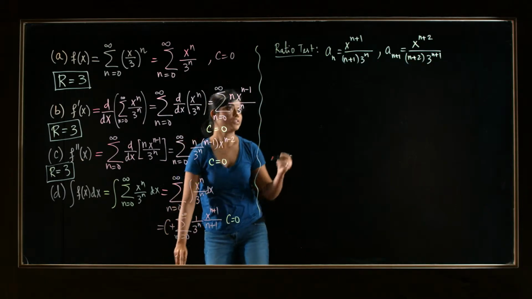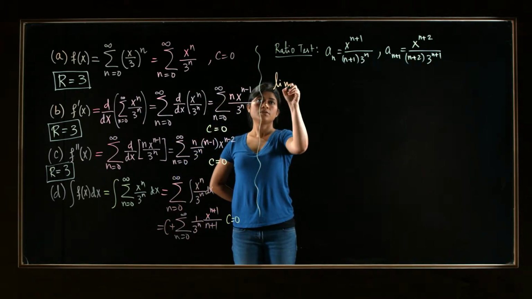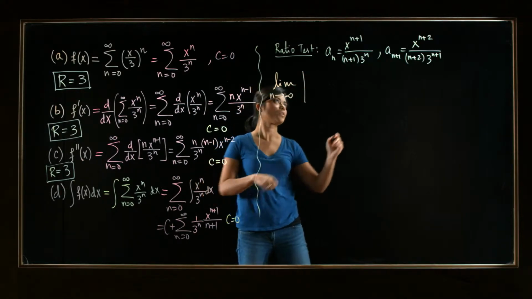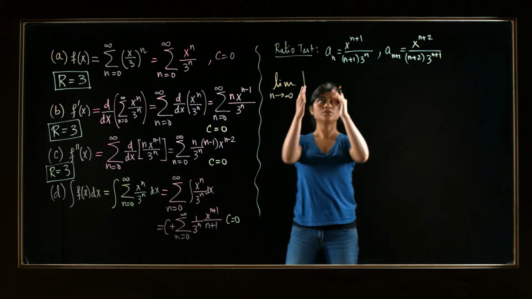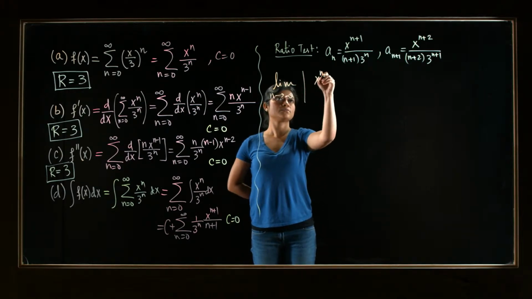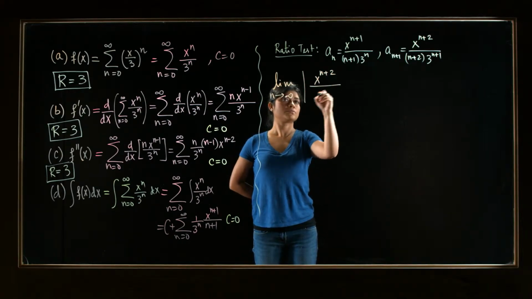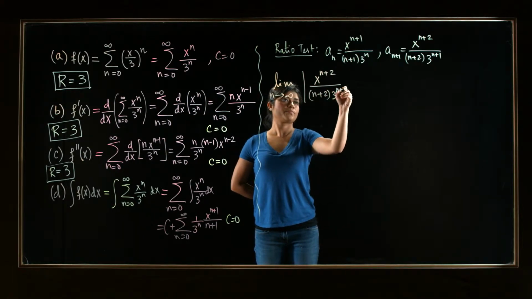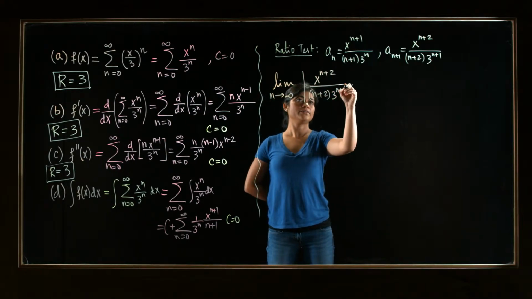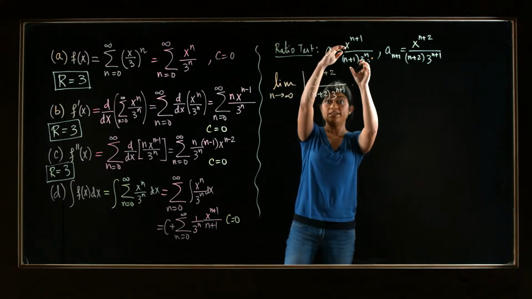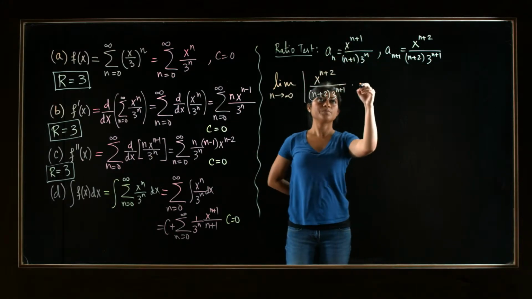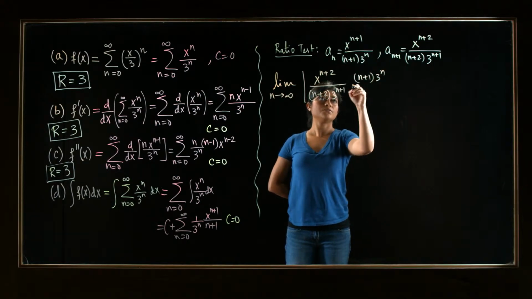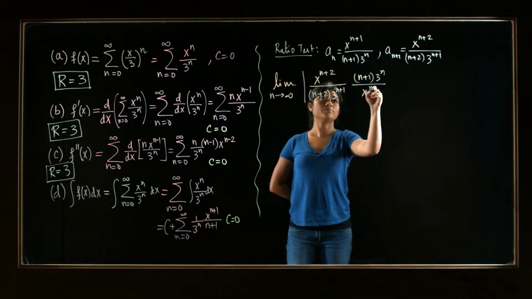So let's compute the limit as n approaches infinity of the absolute value of the n plus 1th term, written down as it is, and then multiply by the nth term a_n flipped. So you get (n plus 1) 3 to the n divided by x to the n plus 1.